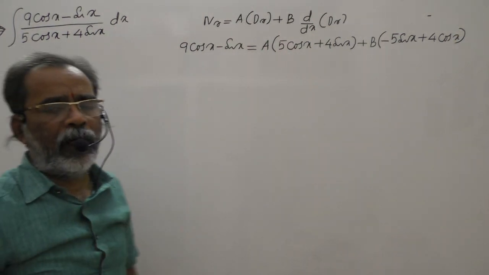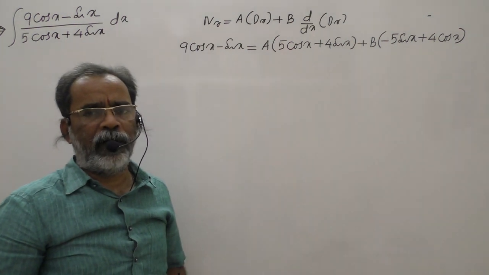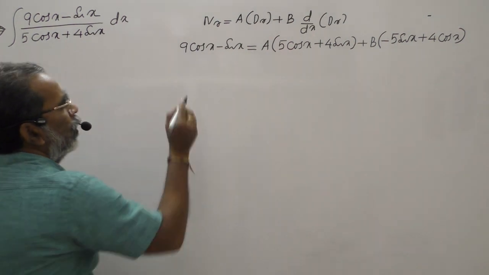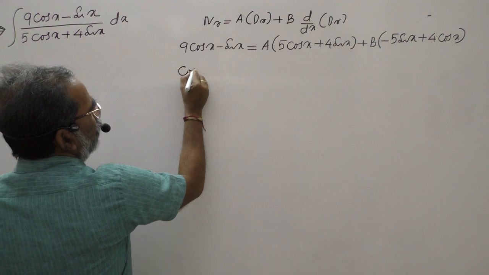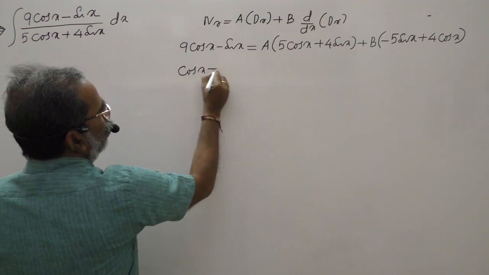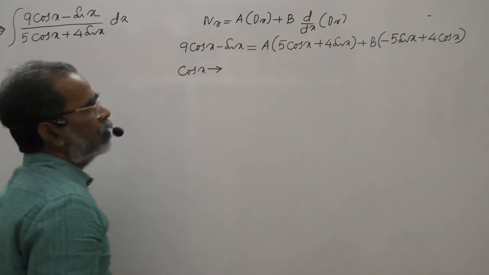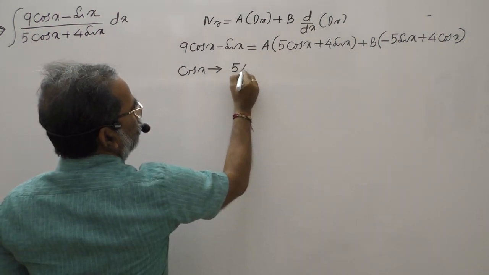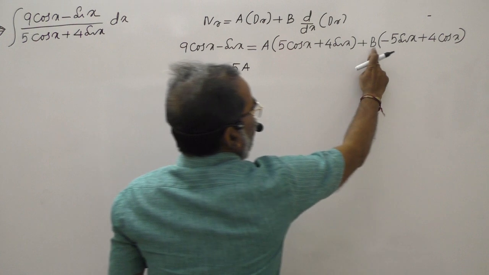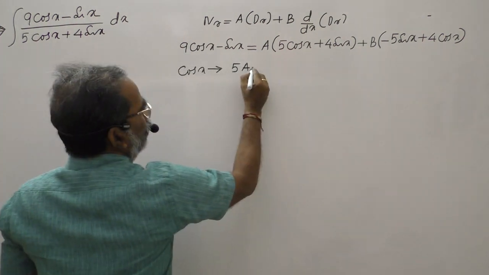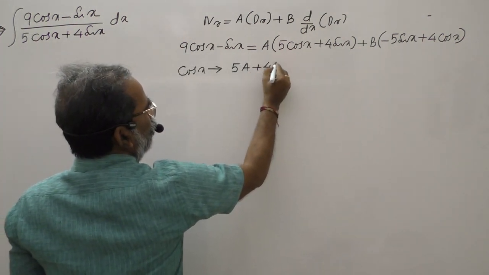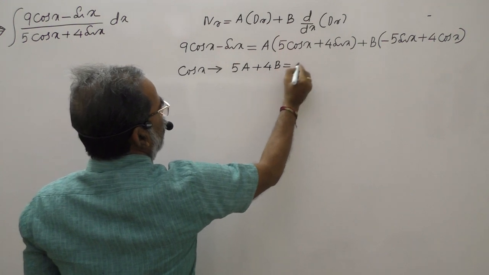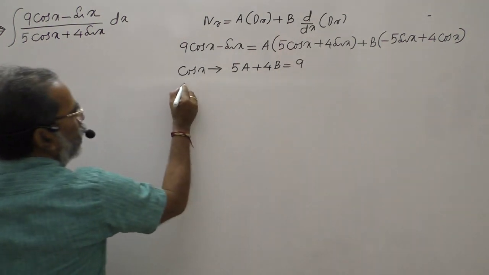Now to find the a, b values satisfying this equation. How to find a and b? Equating cos coefficients on both sides. Here what is the cos coefficient? 5a, and there is one more term which is 4b. On the left side cos coefficient is 9.